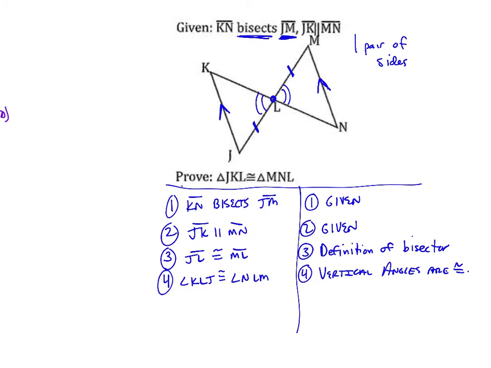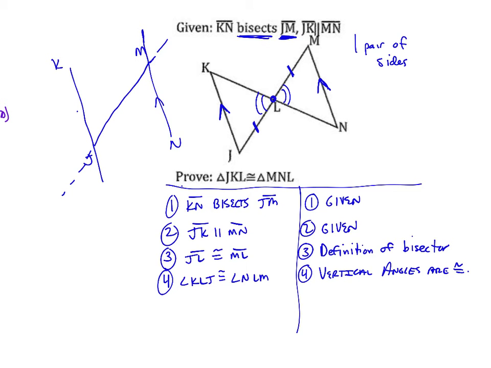So the last thing I'm going to use is the fact that JK and MN are parallel. I just want to sketch that picture. So if this is K, KJ, we'll call this M, call this N. Then if I consider J to M, I can imagine that line keep going, this keep going, this keep going.